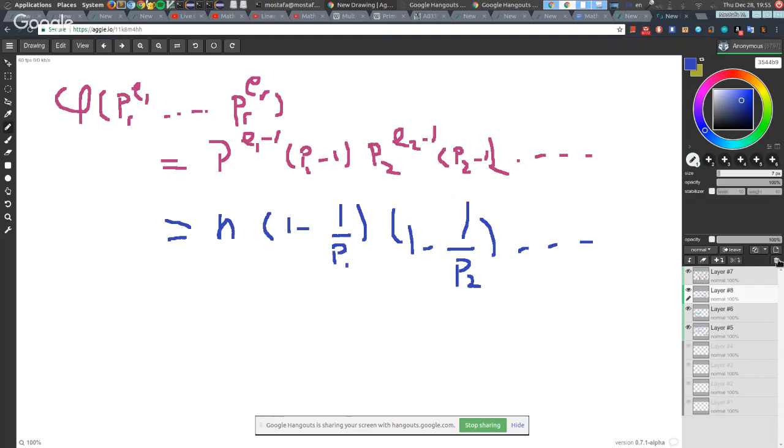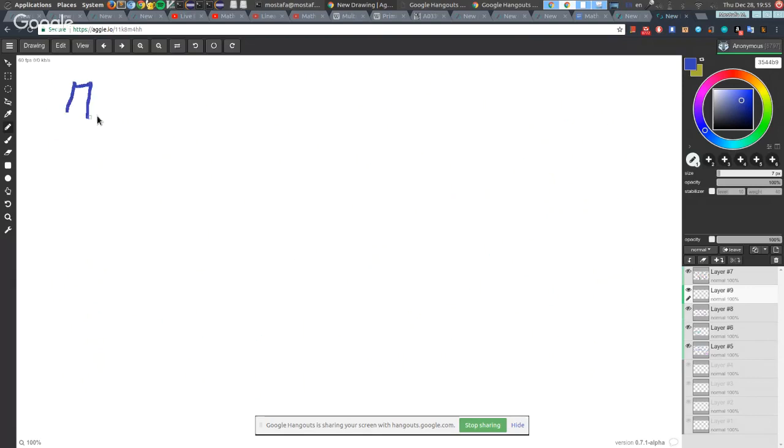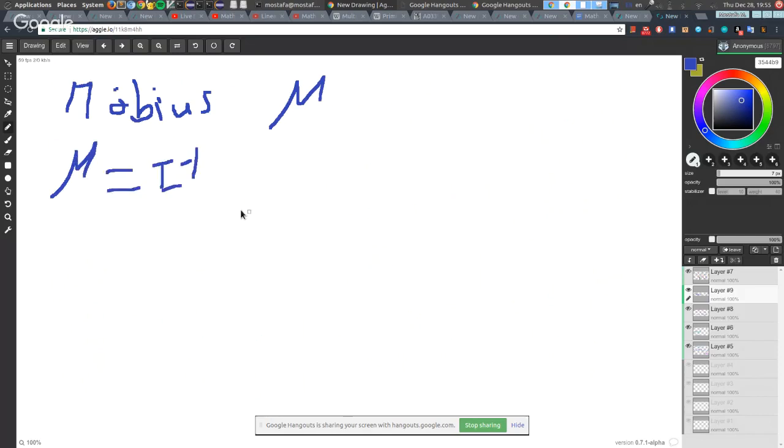Then I moved to the new function, which is the Mobius function. So the mu, we defined it as the inverse of the function I in the Dirichlet product.